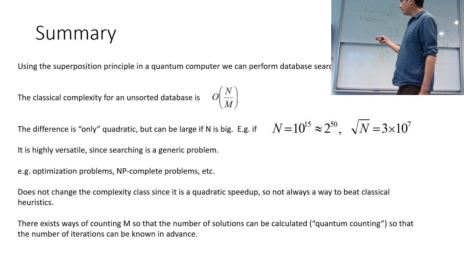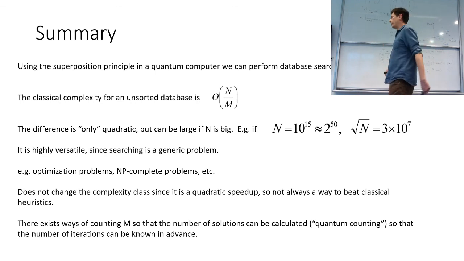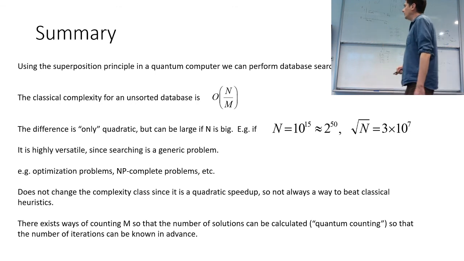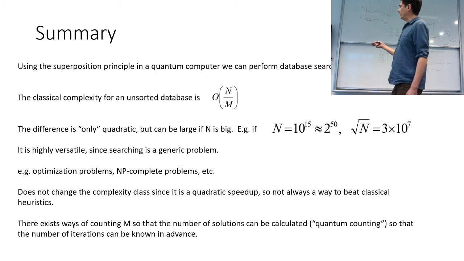Even though this is, in inverted commas, only a quadratic speed up compared to classical, if n is big, then this can make a big difference. If we're talking about n being 2 to the 50, why did I choose 2 to the 50?